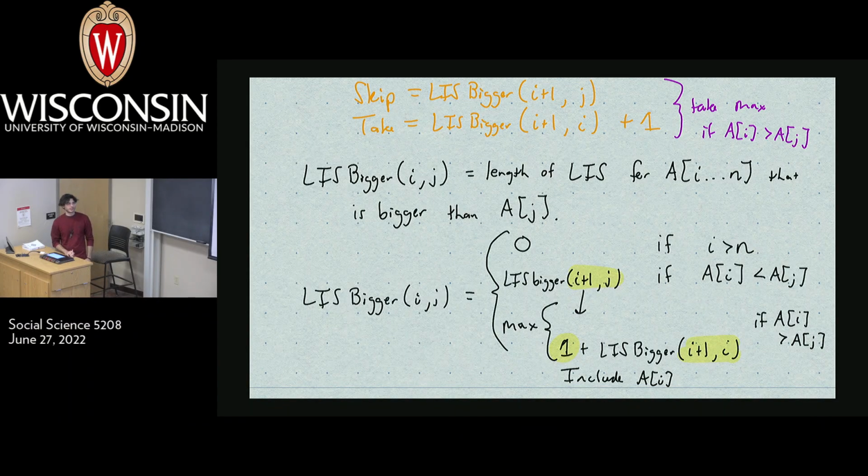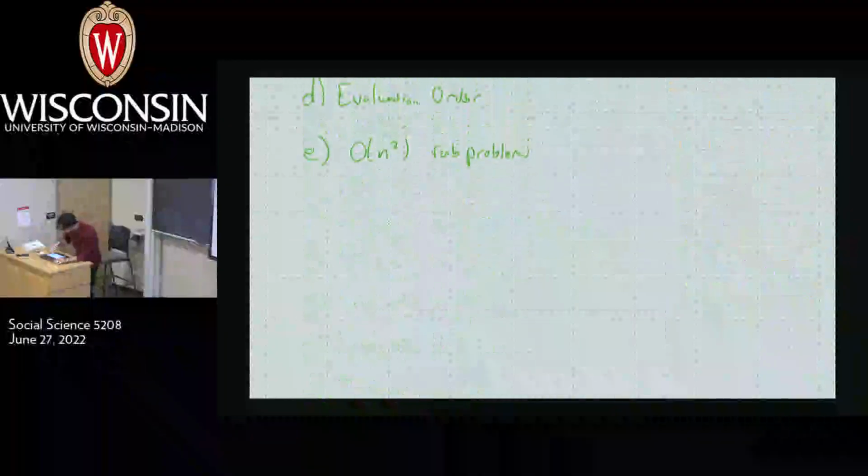What work do we do, ignoring the recursion? Yes? You take the maximum of two values and maybe do some addition. Yep, so all we're doing is we have an if statement, a max of two things, and a plus. So that's constant work to me. I think that's pretty easy.